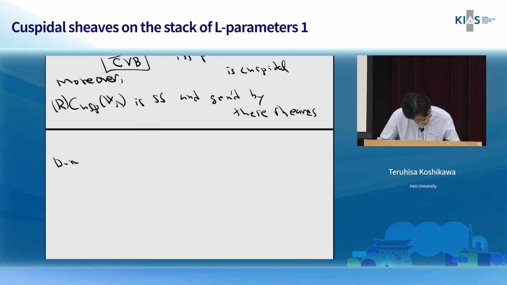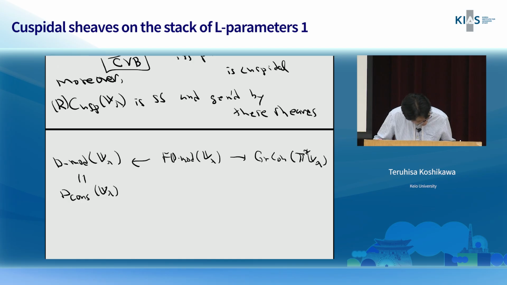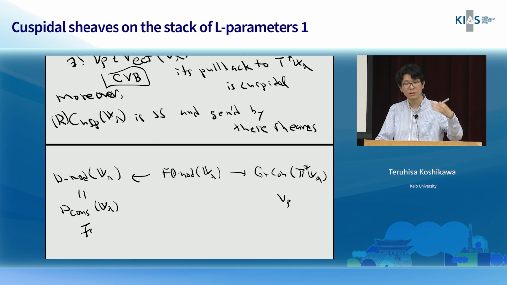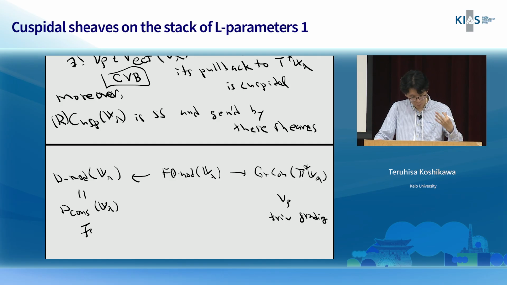There are functors from D-modules and constructible sheaves, and filtered D-modules, and graded coherent sheaves. And F is here, and below is a vector bundle, but you can put a trivial grading on it, so to speak. A trivial grading.